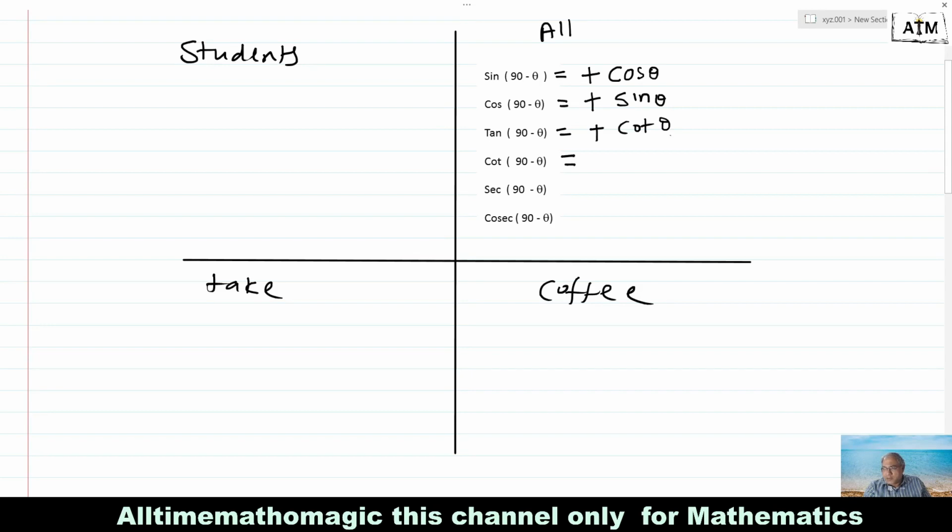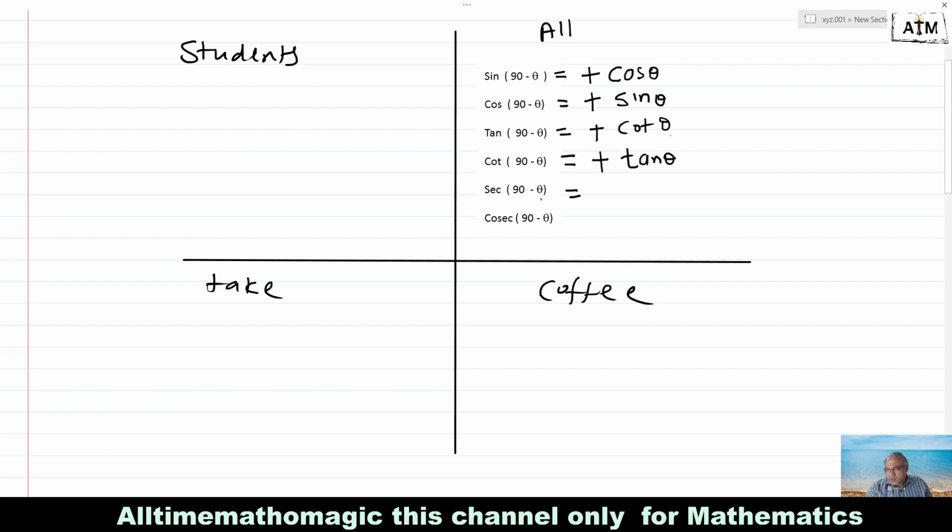After that, cot 90 minus theta. Again the same question. Which quadrant? First quadrant. First quadrant, cot is positive or negative? Answer is positive. What is the angle? 90. Conversion takes place? Yes. So conversion of cot is tan. So it becomes tan theta.